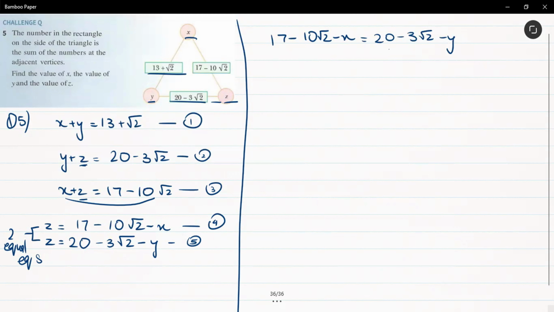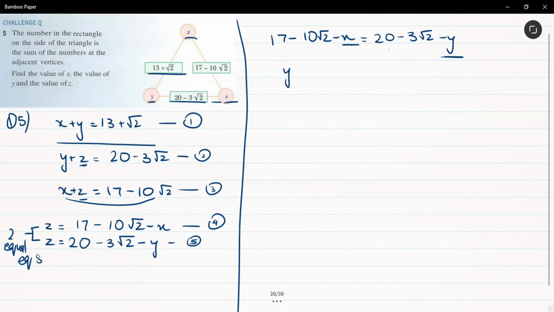Okay. Now the third step we do is we either find y in terms of x or we find x in terms of y, because we have to remove one of the variables. Now the thing is, we see that equation 1 is in terms of x and y, both of them. So I'm going to find either y in terms of x or x in terms of y. For now, I'm going to choose y in terms of x.